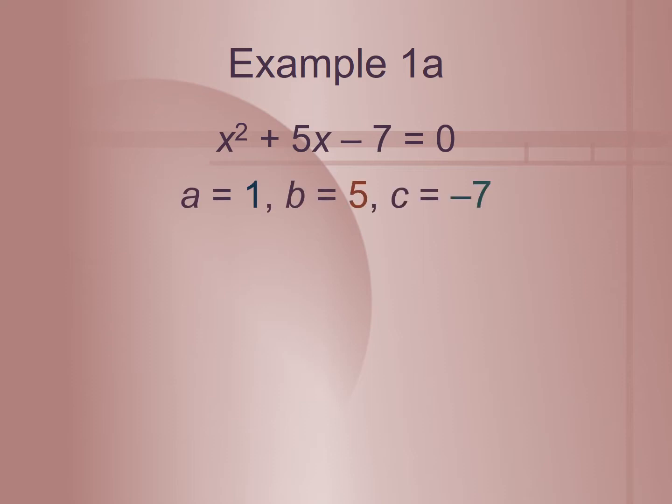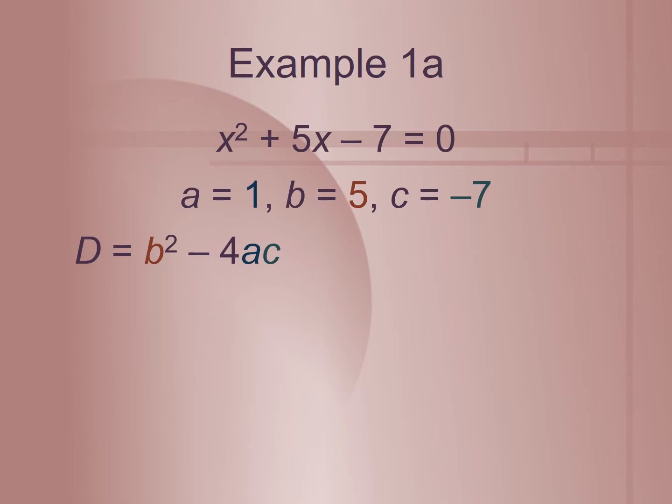So let's do some examples. Let's say I have x squared plus 5x minus 7 equals 0, and I want to find the discriminant. First I'll identify my a, b, and c values. a is 1, b is 5, and c is actually negative 7. Then I will find the discriminant. The discriminant is b squared minus 4ac.